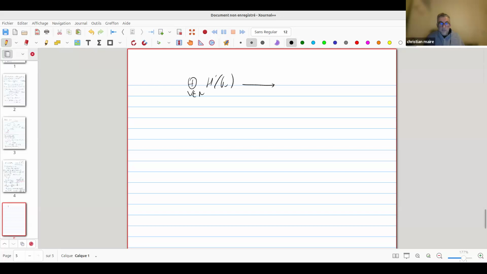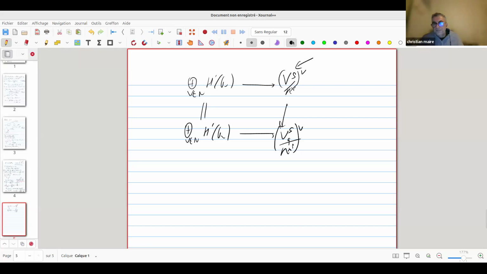The map here is the dual, in fact, of VS modulo, dual. Here we have equality. And here you have this map. And of course, here we have the Frobenius at Q.